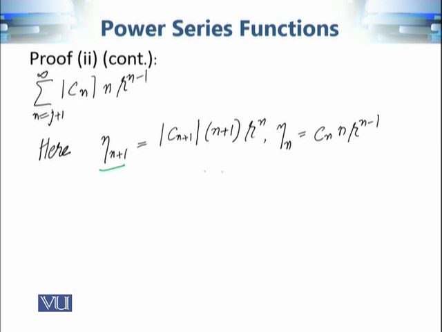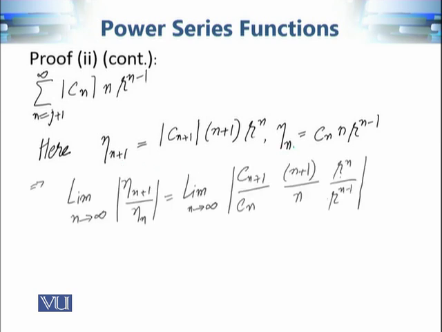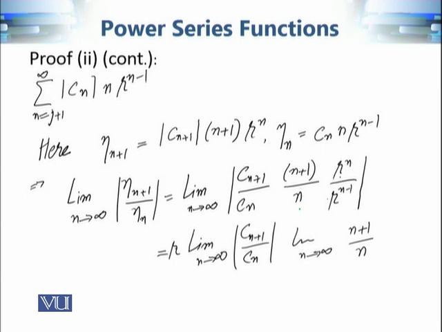The n plus 1 term is this, the nth term is this, and we can calculate eta n plus 1 over eta n, which is the limit as n approaches infinity. These are just simple calculations, and moving on, we divide this limit into parts, and we get r into 1 over rho. Of course, this is equal to rho, and this is just 1, and so we get r into 1 over rho.